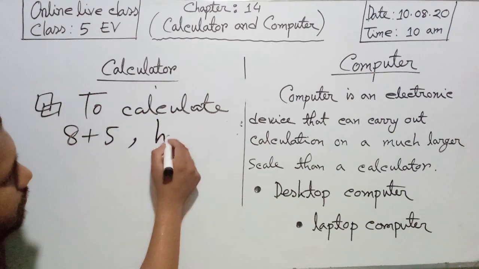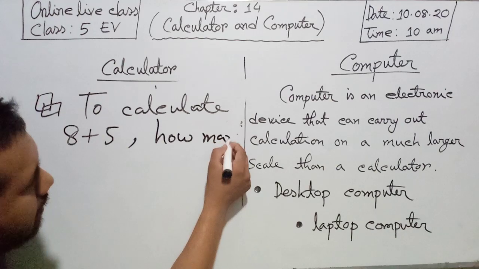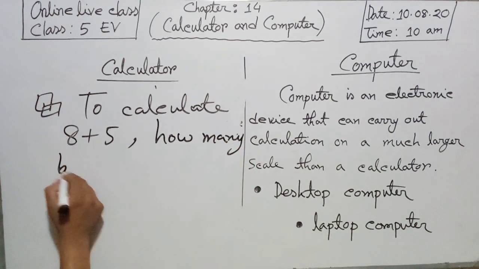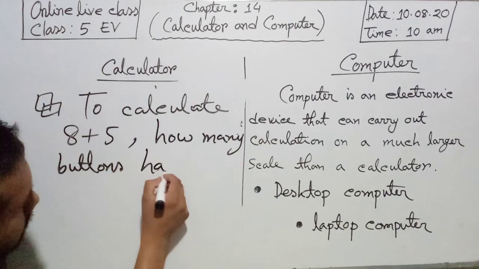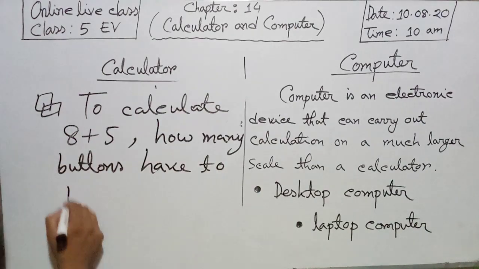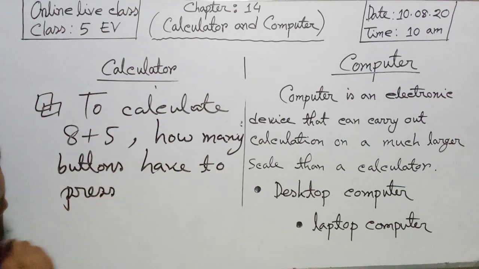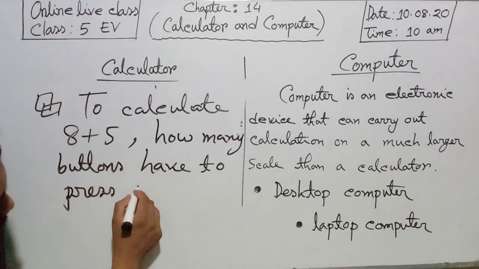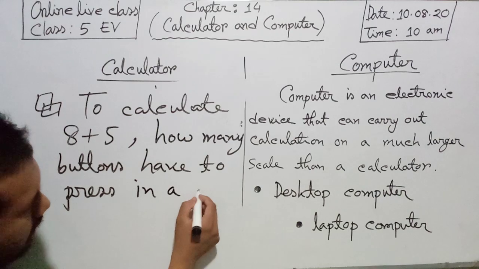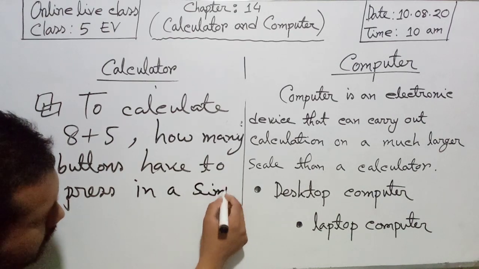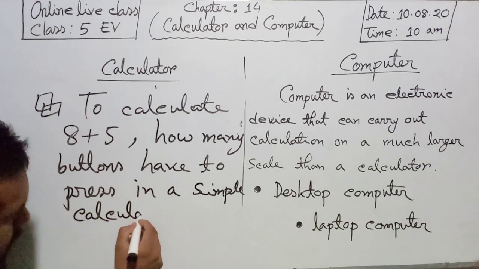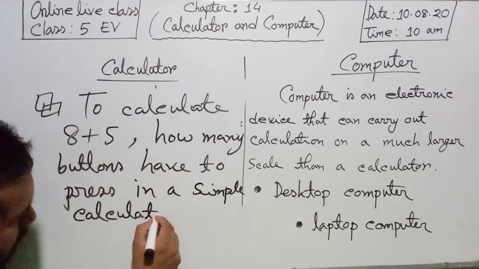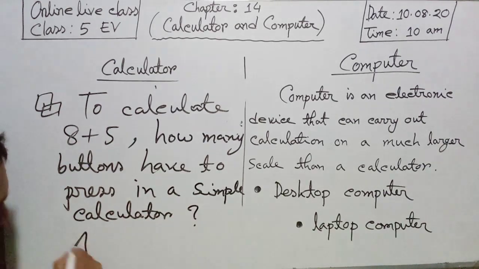Then how many buttons have to be pressed in a simple calculator, or you can say only calculator? Now what will be the answer?